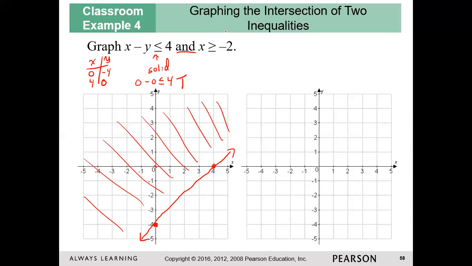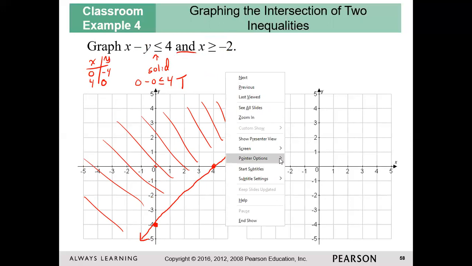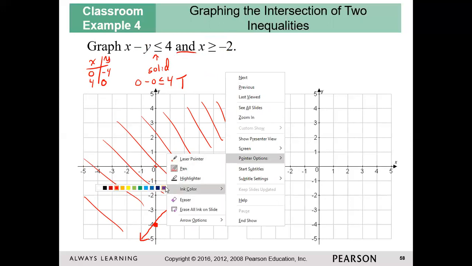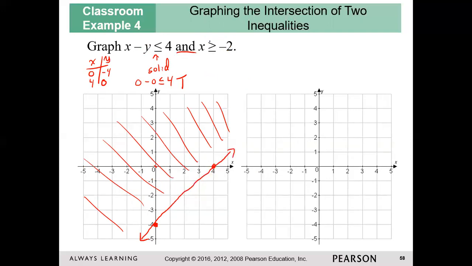Over here, this equation is going to be x is greater than or equal to -2. So I'm going to see if I can pull in another color here to graph that one in a different color. So this is going to be x is greater than or equal to -2.